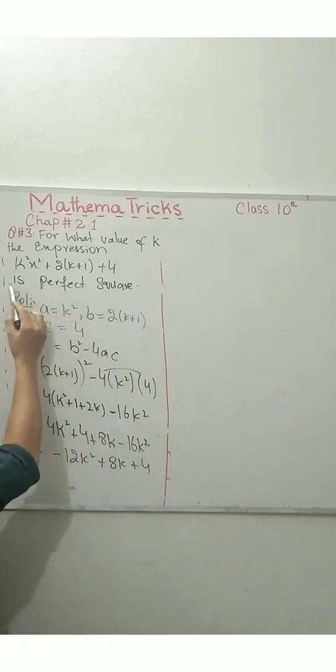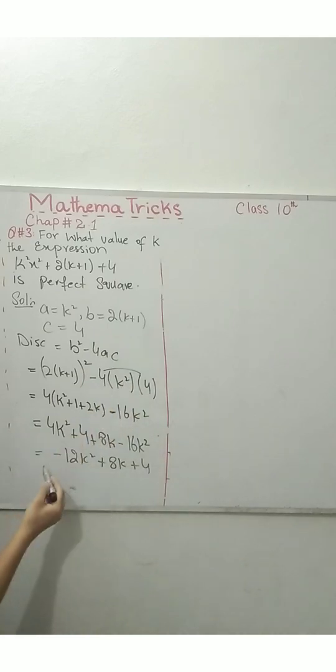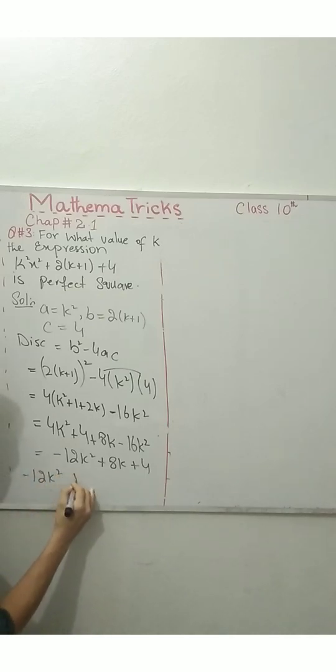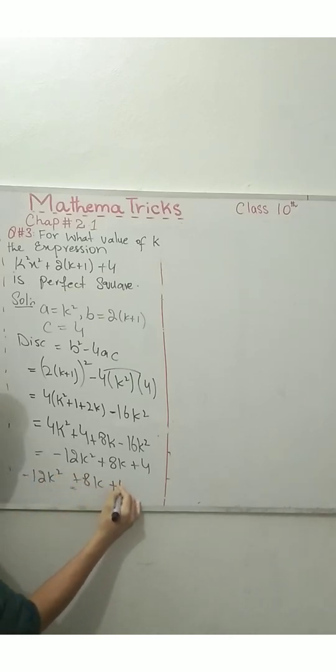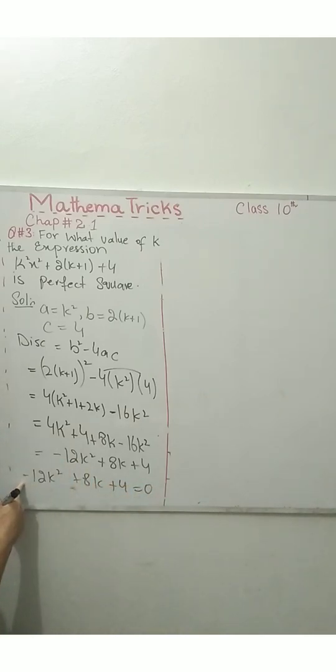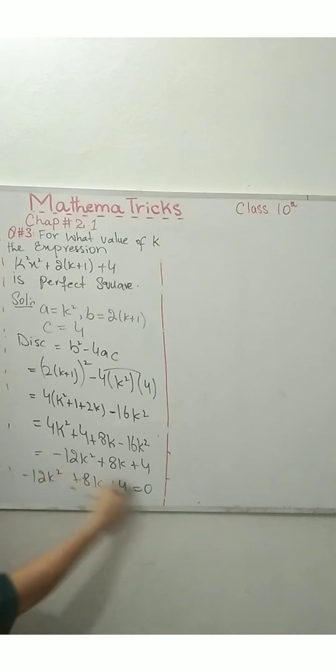As it said, it is a perfect square. It means that discriminant is equal to 0. So what I got, minus 12k square plus 8k plus 4 is equals to 0. Look here, my highest power is negative. Let's multiply with minus 1 on both sides of the equation.